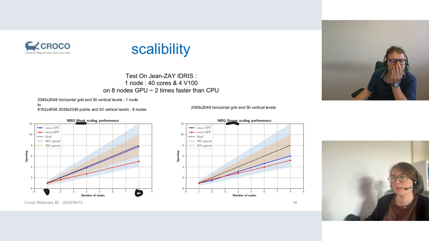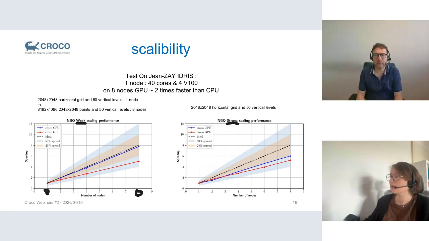Swen gave us the link. And Pierrick is asking if there is a bottleneck with the I/O. So you said it works with XIOS? Yes, it depends. If you want to send I/O every time step, there is a bottleneck.